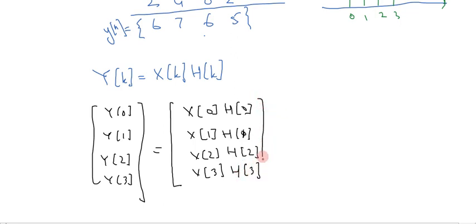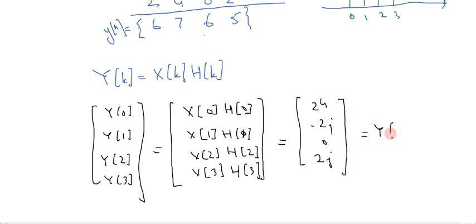And it will be equal to 24, minus 2j, 0 and 2j. This is your y of k.